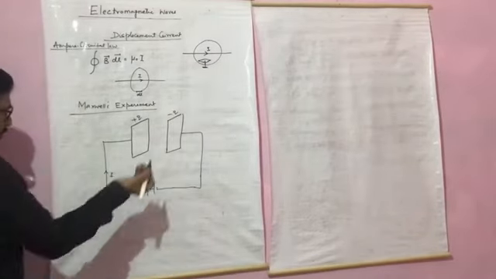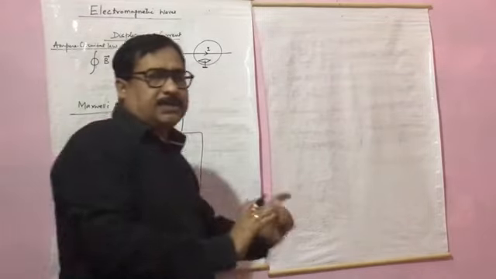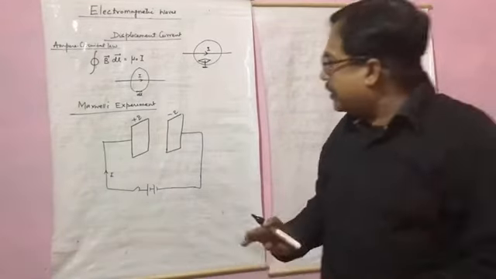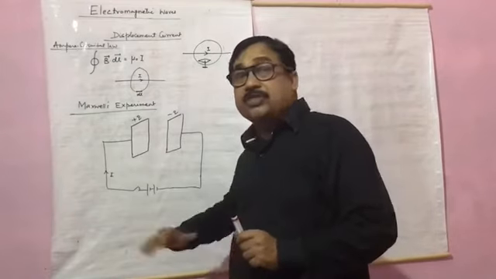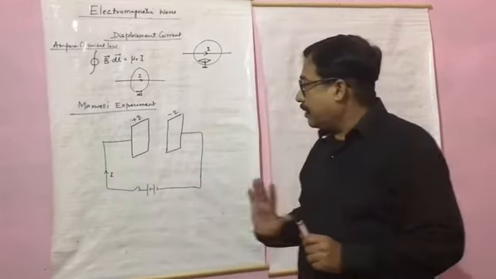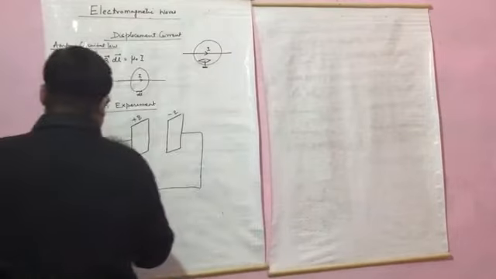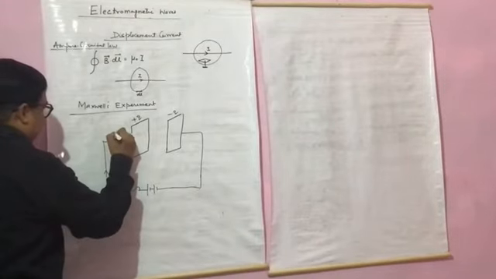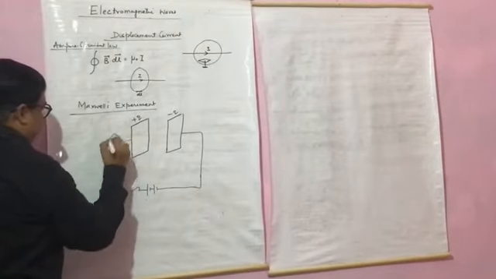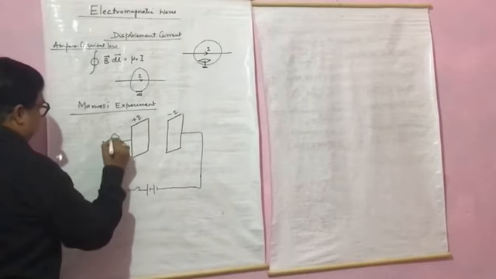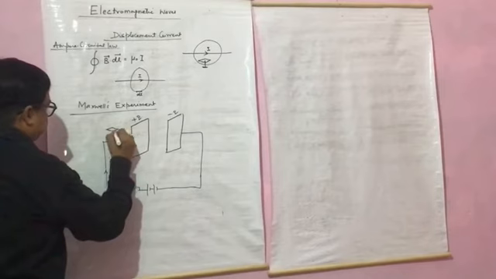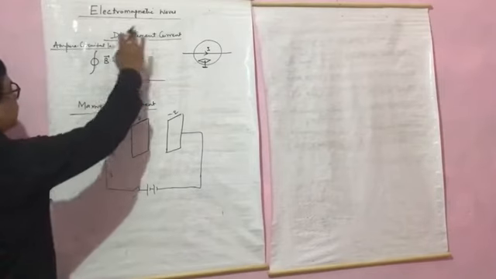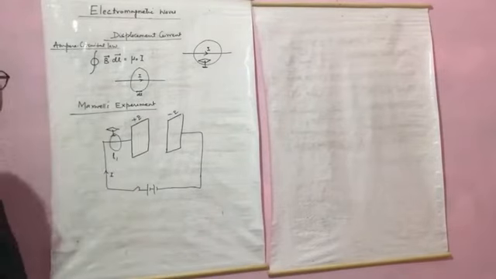And there is a current. There is no doubt that there is a current, and the charge on the plate is gradually increasing because of the charging of the capacitor. Now Maxwell imagined a loop here, L1, and put a magnetic needle here for verification of Oersted's experiment.